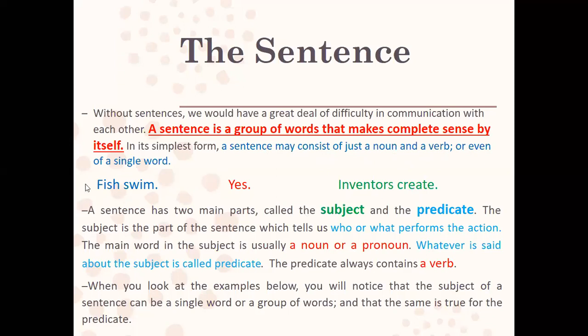A sentence has two main parts called the subject and the predicate. The first part is called the subject, and the second part is called the predicate. Now you don't have to find out the verb and object. You just need to find out the predicate.